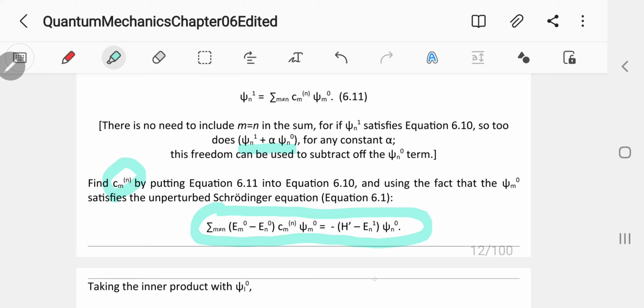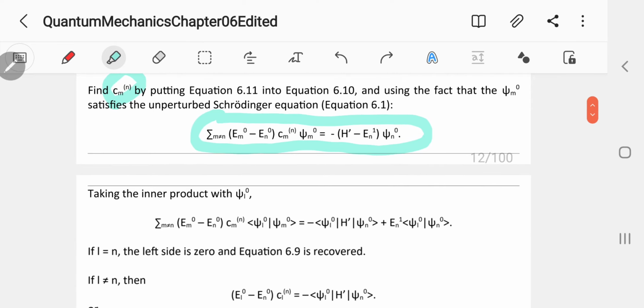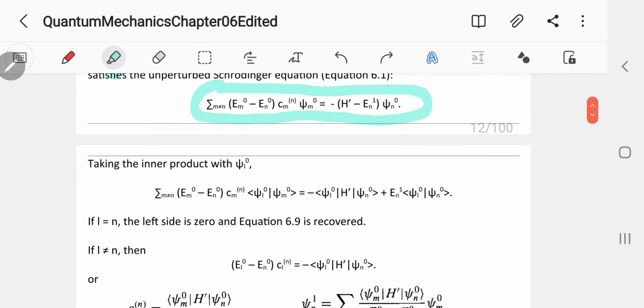So again, taking the inner product with phi_l^0 on both sides, we have this on the right side and we have this on the left side.